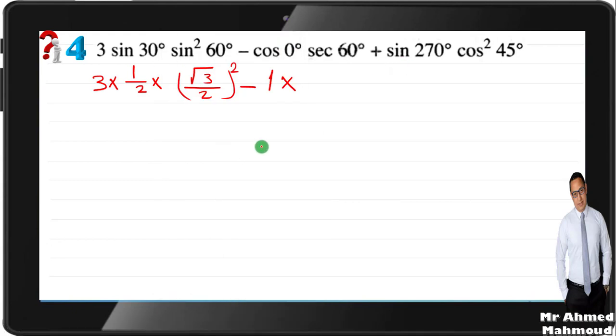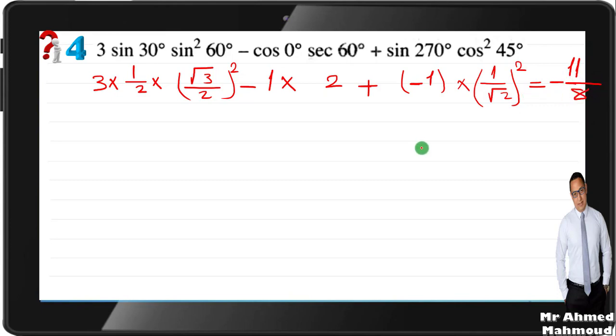So it will be 2, plus sine 270 equals negative 1, and cosine square 45 equals 1 over root 2, all to the power of 2. Finally, this one equals negative 11 over 8.